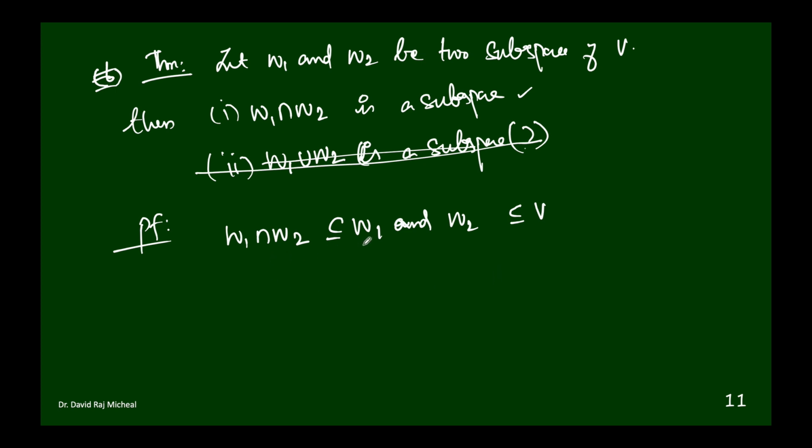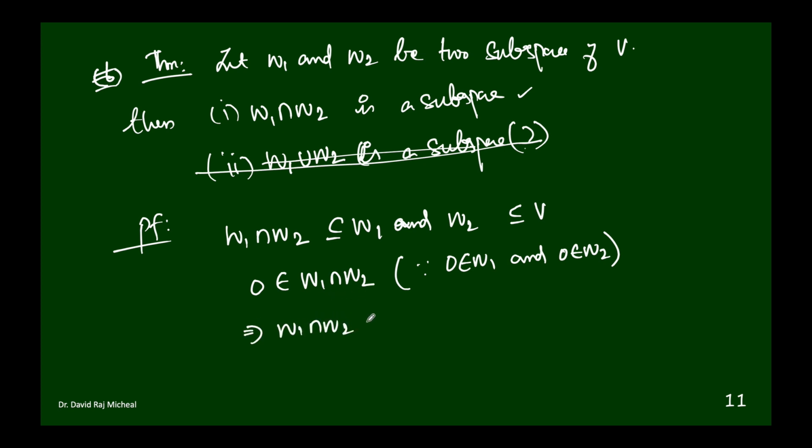That can be proved very easily, by just verifying whether 0 belongs to W1 intersection W2 or not. I am saying that is true. Why? Because 0 belongs to W1, since it is itself a subspace, as well as 0 belongs to W2 because W2 is also a subspace. Therefore 0 belongs to W1 intersection W2. So that shows that W1 intersection W2 is non-empty.